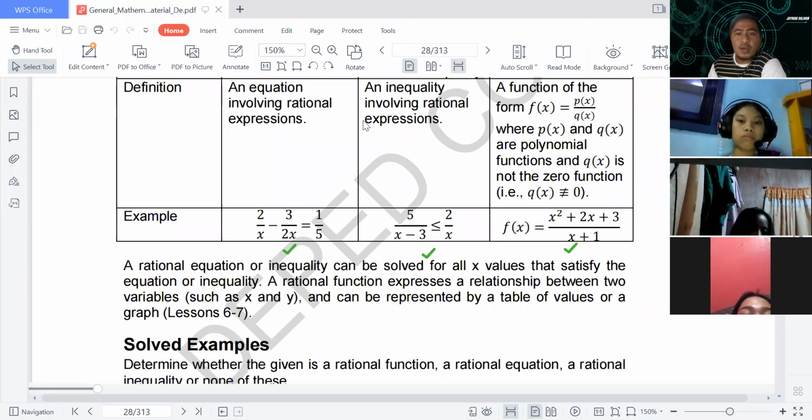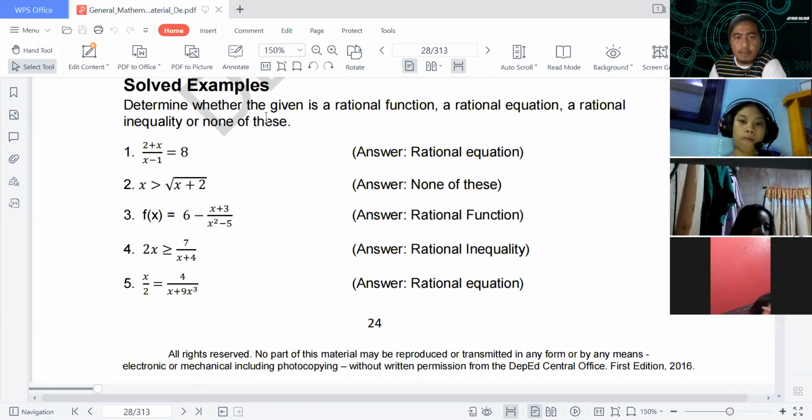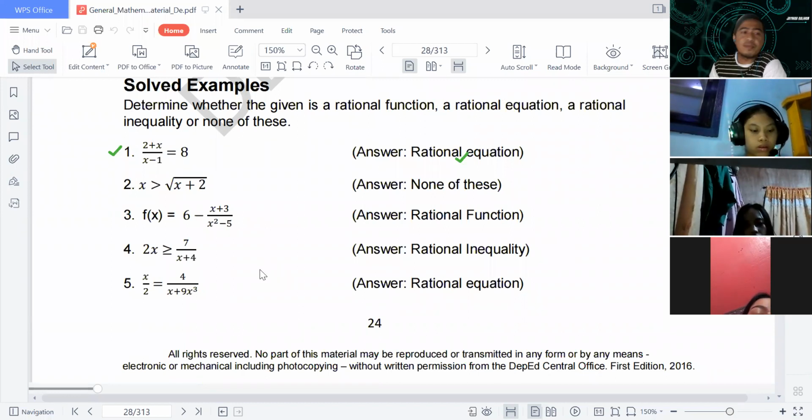Okay, so I will be giving you another set, and I want you to determine whether each is one of these. This one is a rational equation. Only one variable is involved. This is a rational expression and there is equality. So it is a rational equation.